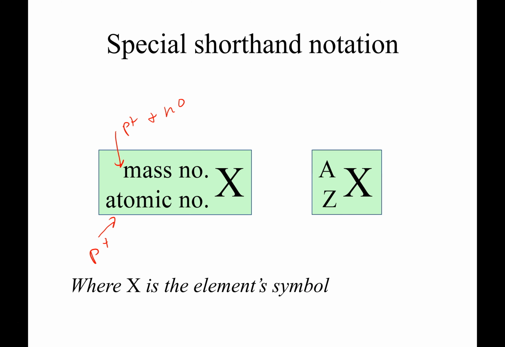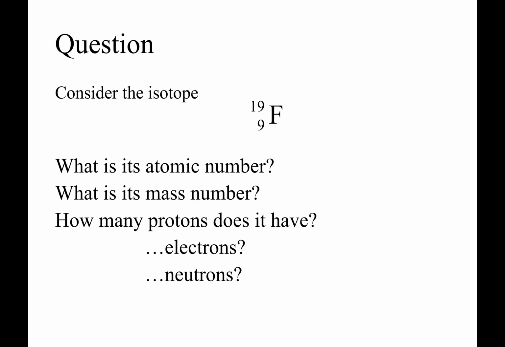It's weird, but anytime you see a Z, that's the atomic number. Anytime you see an A, that is actually the mass number. Don't know why they do that. So on a test or on your homework, you should be able to find your way through this.